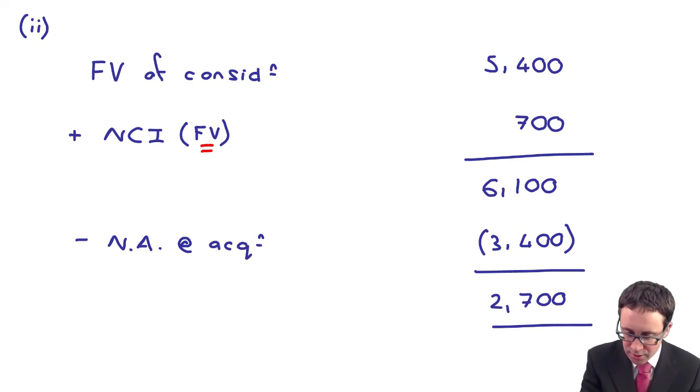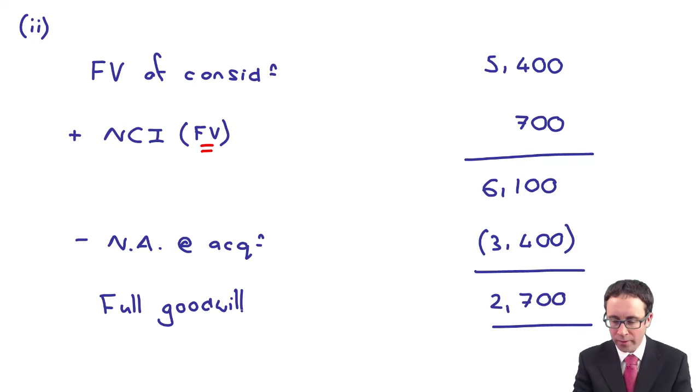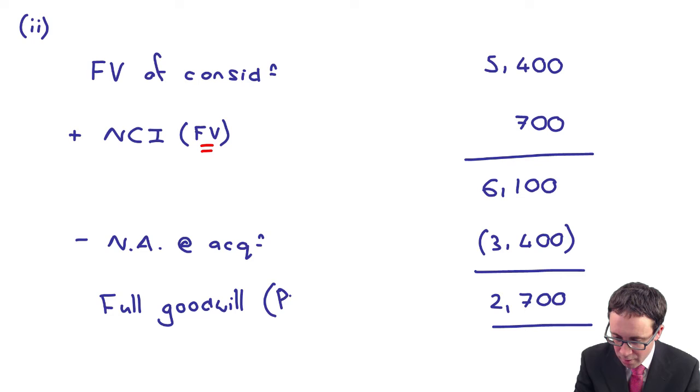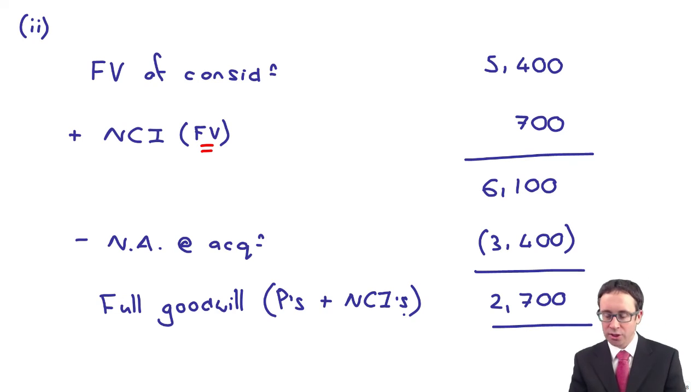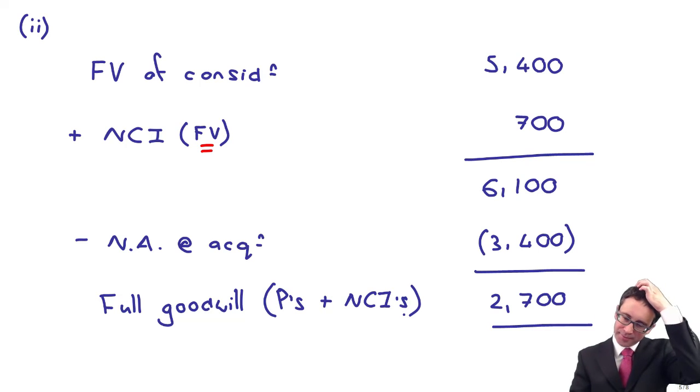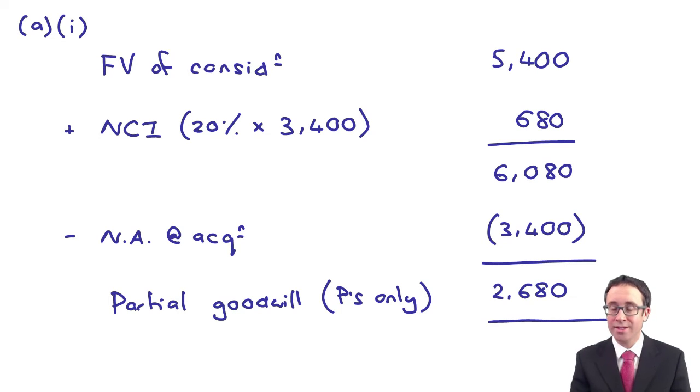So a slight increase compared to part 1. And that's the full goodwill, because that is made up of the parents and the non-controlling interest share. There we go. Okay, so we have an extra, only 20 million, which is the NCIs. Okay.